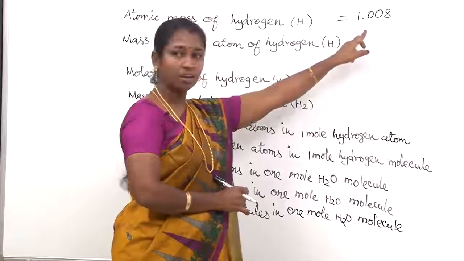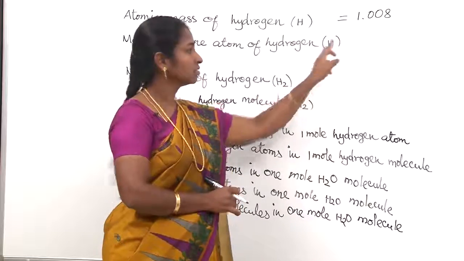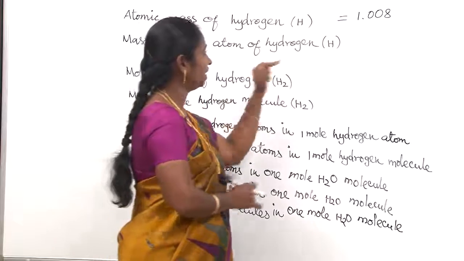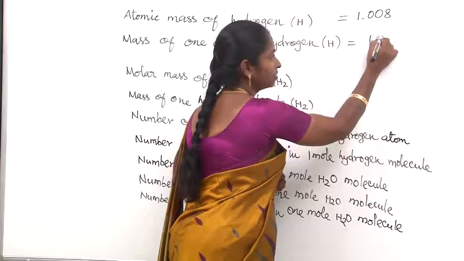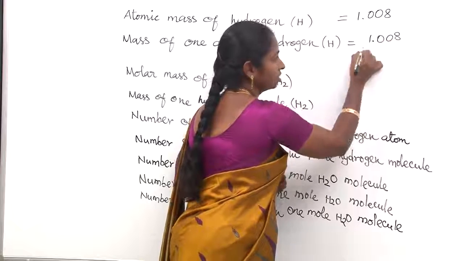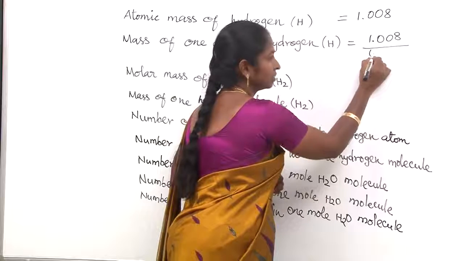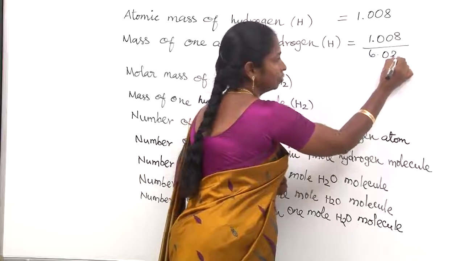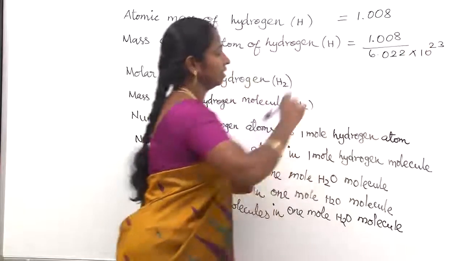This mass is for 1 mole of hydrogen atoms, as I told you already. So here, the mass of one atom of hydrogen is given by 1.008 divided by Avogadro number, that is 6.022 into 10 power 23.